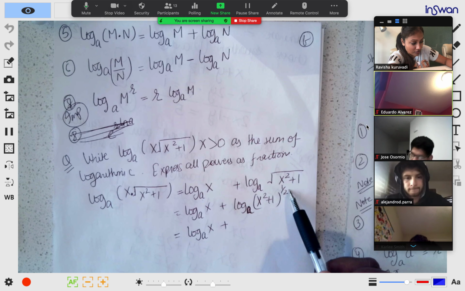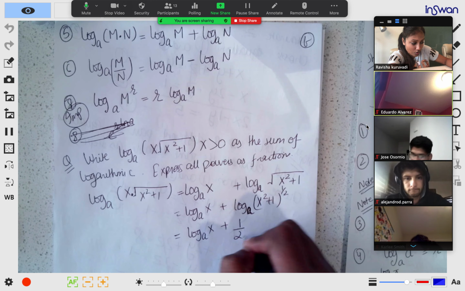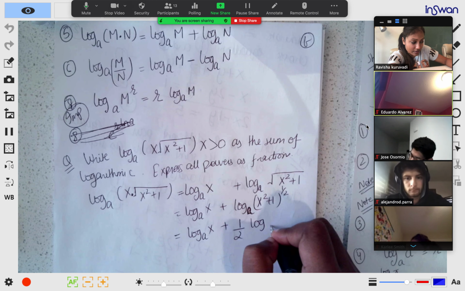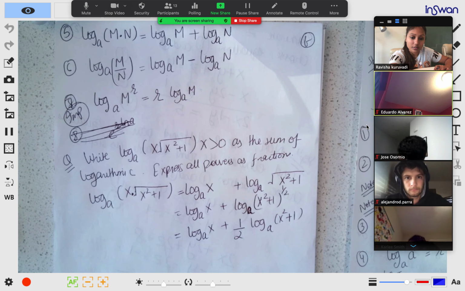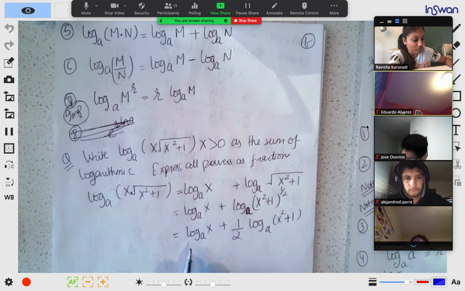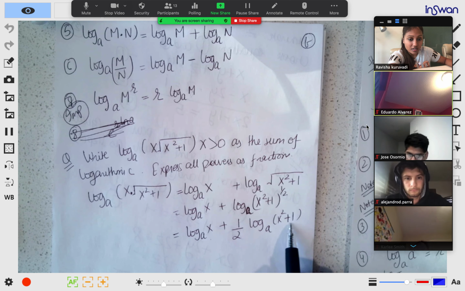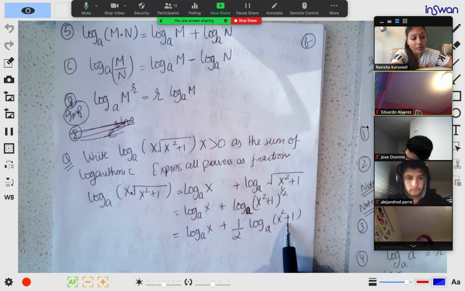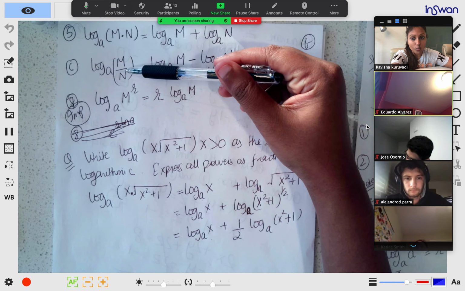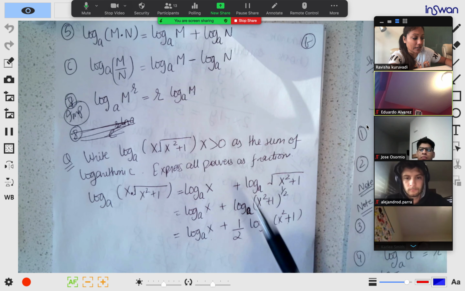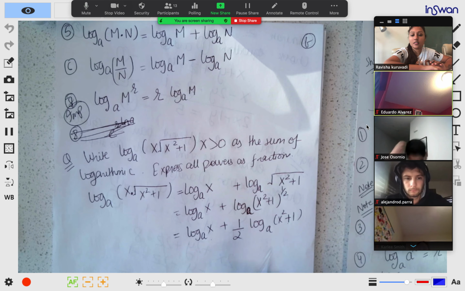It will become 1/2 log a of x square plus 1. Can I expand it further? I cannot expand this further. I have a plus here, and I don't know any property with the plus sign. I know about multiplication and division. If they are multiplying or dividing, then I know. But since here they are adding, I don't know anything. So this is your final answer.